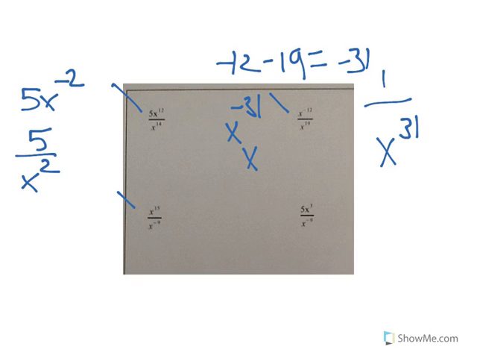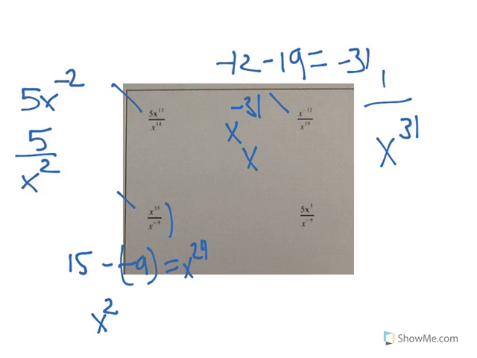So here, x to the 15th. So that's 15, minus, again, since it's a division problem and the bases are the same, it's going to be a subtraction problem in terms of the exponents. Minus negative 9. So that's actually going to be x to the 24th.